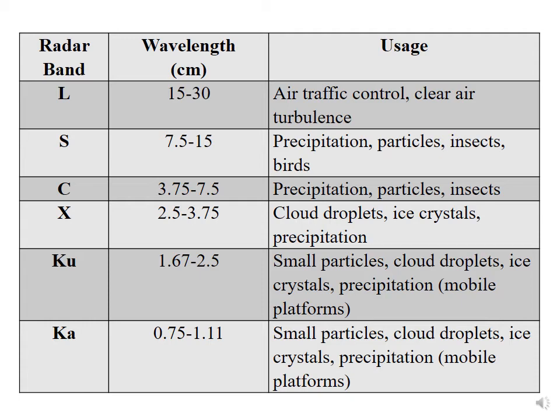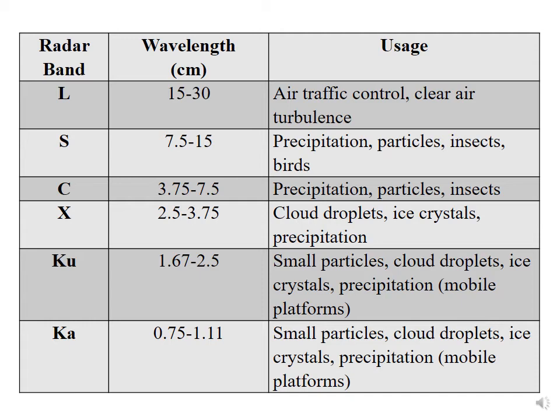The X-band interacts better with cloud droplets and ice crystals, so it can also see precipitation, but it's the first of the radar beams that can actually see information about what's going on inside the cloud. But most of the time, when you're dealing with the inside of the cloud, we're dealing with the Ku and the Ka bands, which will be able to identify cloud droplets, ice crystals, and small particles.